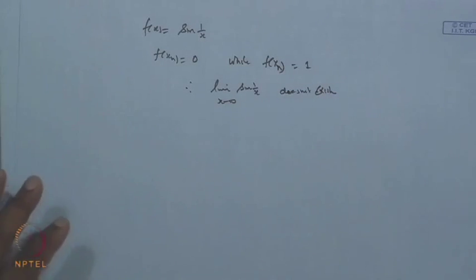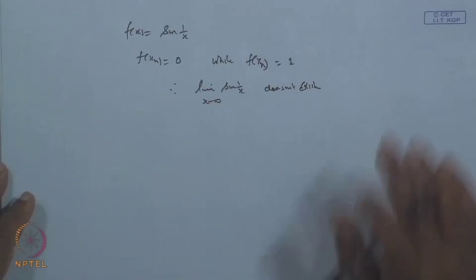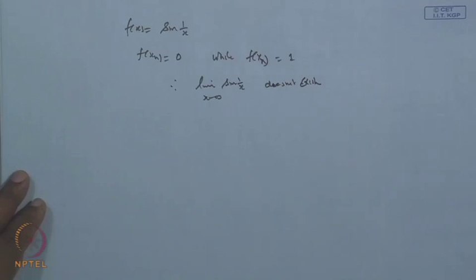Now, as I told, we are assuming the limit is unique. If the limit of a function exists, it will be unique. So let us prove that result, and all the exercises which we have depend on this only.